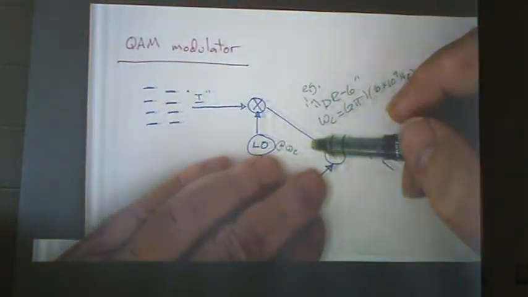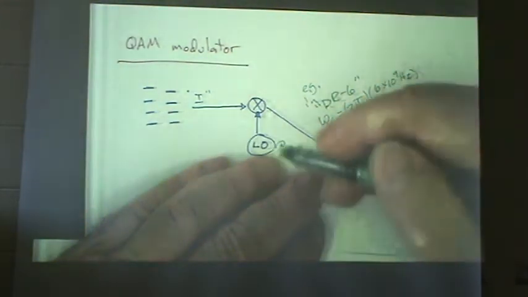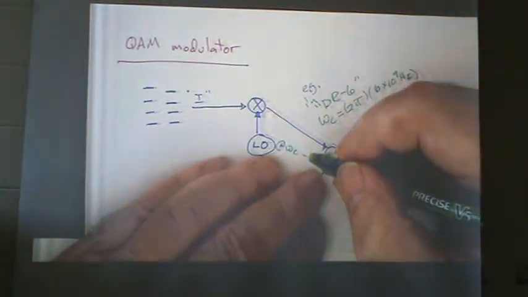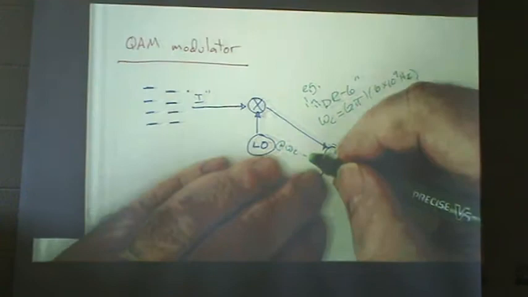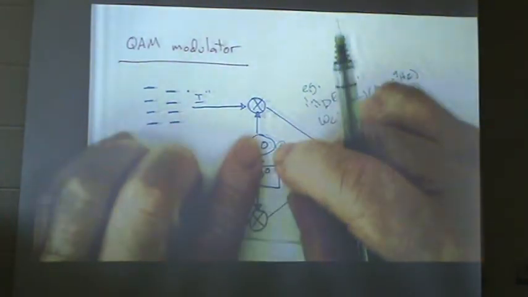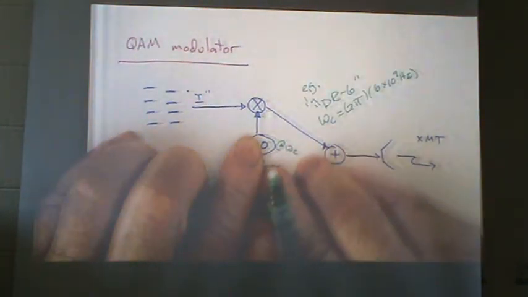So I have this oscillator that all it does is oscillate at that frequency, whether it's 6 gigahertz, 2.4 gigahertz, or the speed of light divided by 1550 nanometers. It's just an oscillator. It's called a local oscillator because it's local to my transmitter.